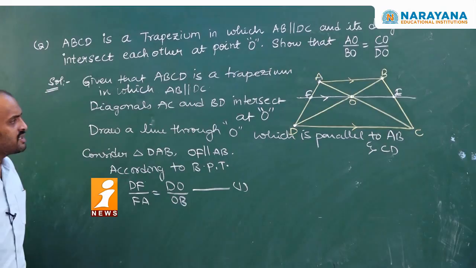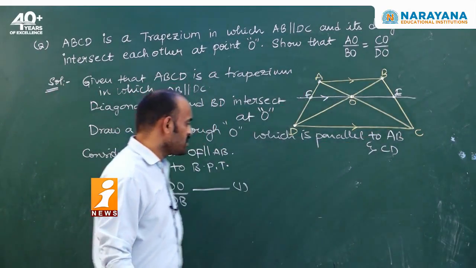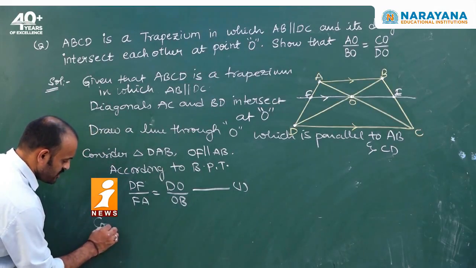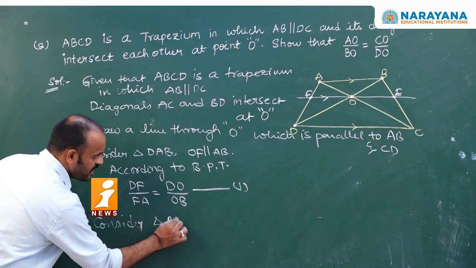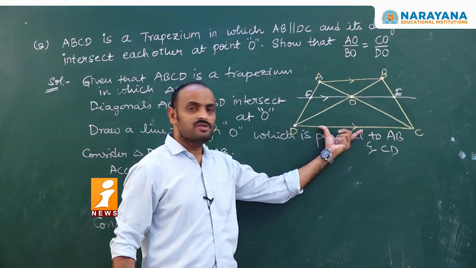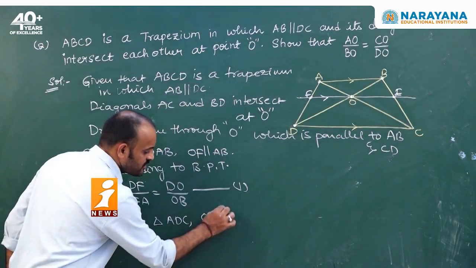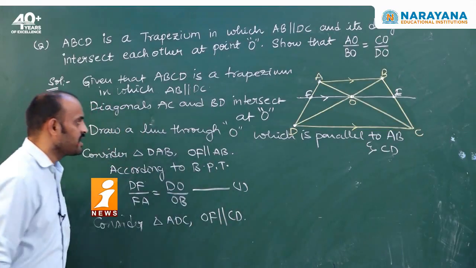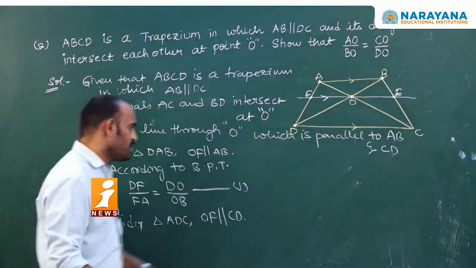Now consider another triangle ADC. OF is parallel to CD. Once OF is parallel to CD, we can make use of basic proportionality theorem.